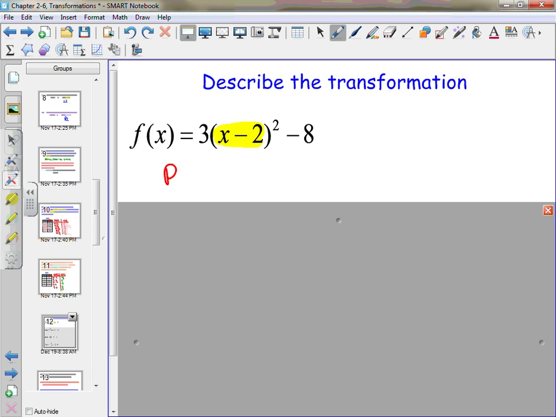This moves it to the right 2 units. What's the negative 8 do? Moves it down 8 units. And now what does that lovely little 3 do? Stretches it. Stretches it by what? A factor of 3. So I have a stretch of 3 here. Do we see that, yes or no?